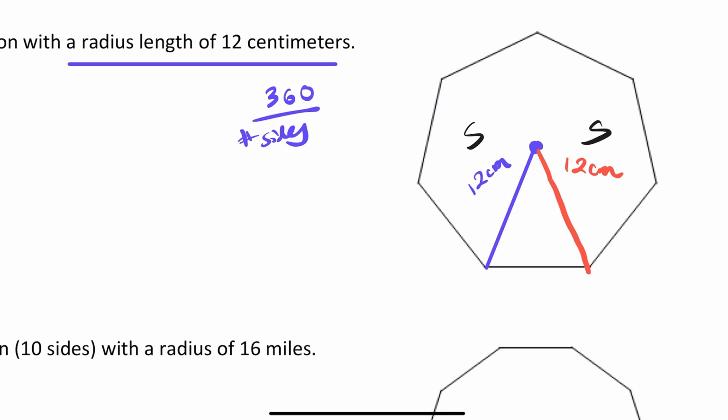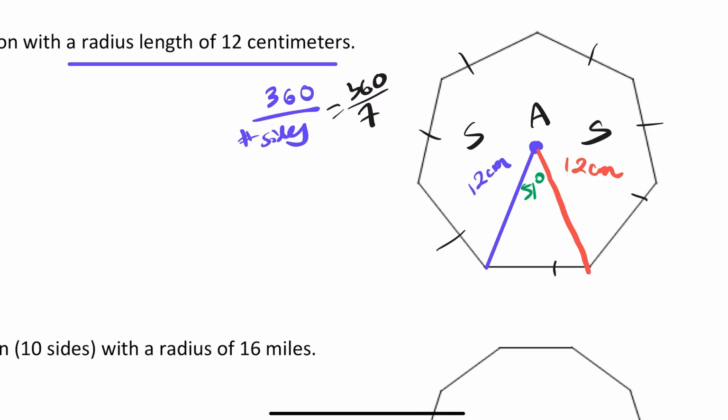The heptagon has 7 sides, so we're going to take 360 and divide it by 7. And so our value there is going to be around, let's just round it and call it 51 degrees. And now I have an SAS, right? So what I did was 360 divided by 7 because of those 7 sides.